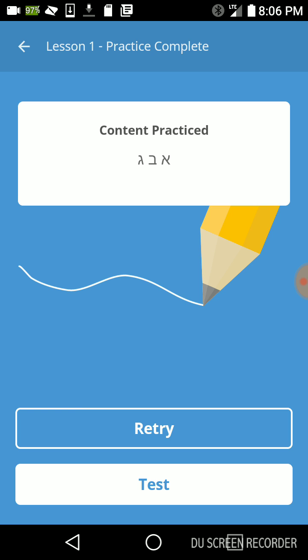Remember the clue of sofit, except for one of the sofit letters, is that it is longer than usual. Okay? עין. Okay, ayin, she said. What did she say? Oh, ayin, okay.